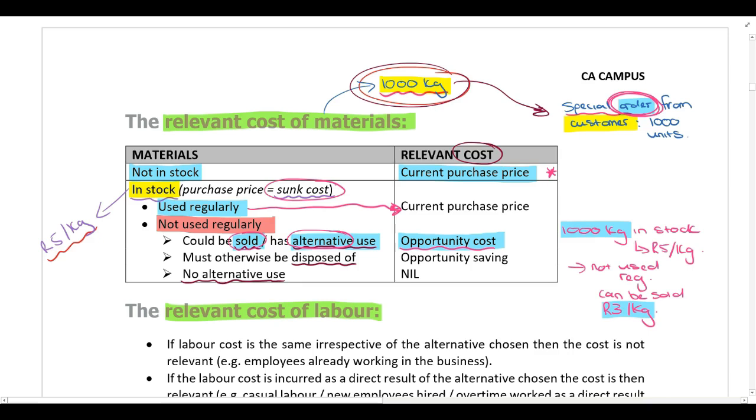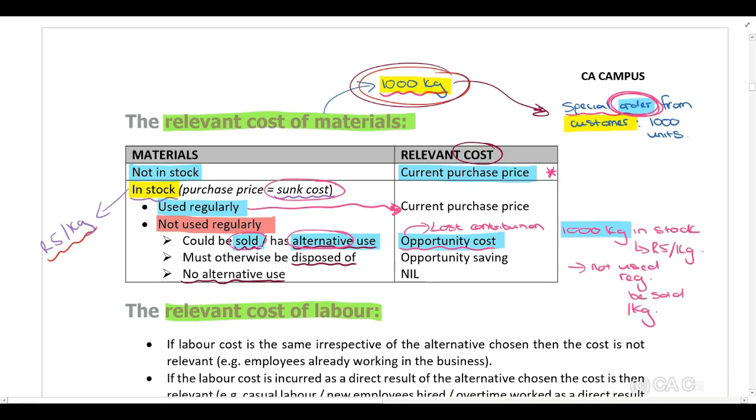So we have an opportunity cost. And the opportunity cost is always our lost contribution. We are going to look at an example of this a little bit later in the lecture. So for now, I just want you to be comfortable with the theory behind everything. We will get to a number crunch example where I'm going to apply this to an actual scenario.